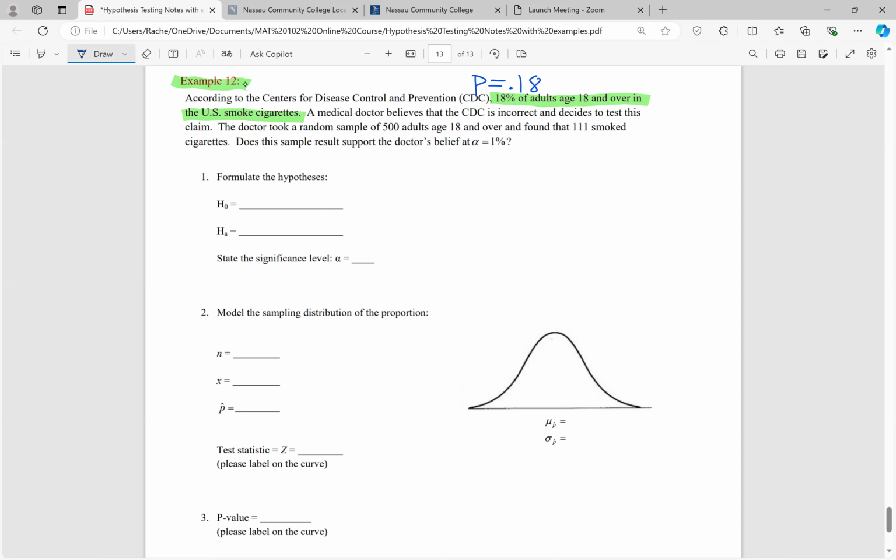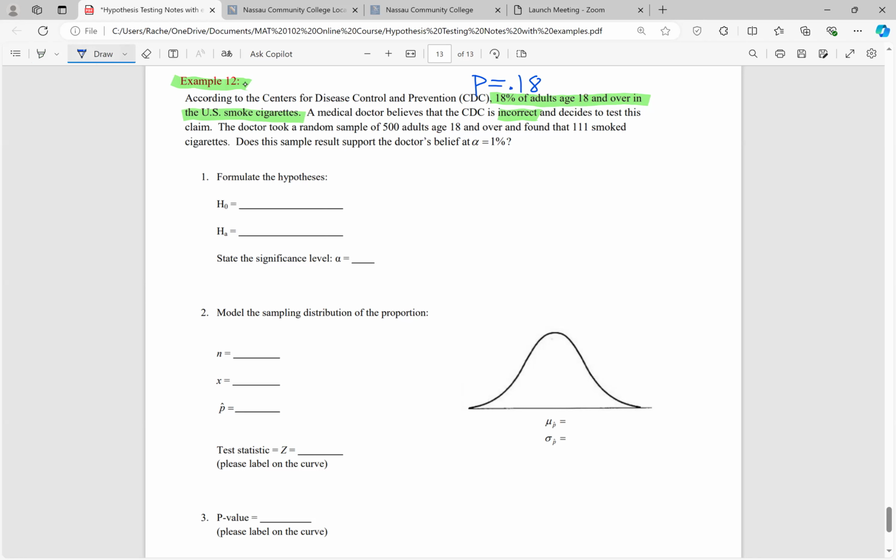But this doctor comes along and says that the CDC is incorrect. Now, remember, incorrect is an indicator of a two-tailed test, right? Because incorrect doesn't mean direction. It doesn't mean bigger than, more than, less than, smaller than. It's not a left or right-tailed test.